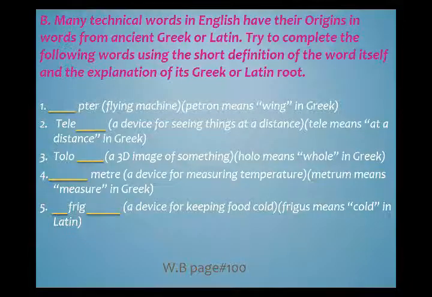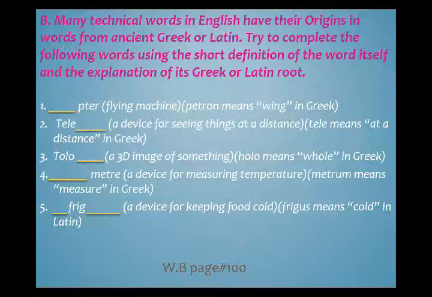So we have here exercise B of the workbook, page number 100. Sorry, we have the vocabulary portion of the workbook. We have a few blanks.